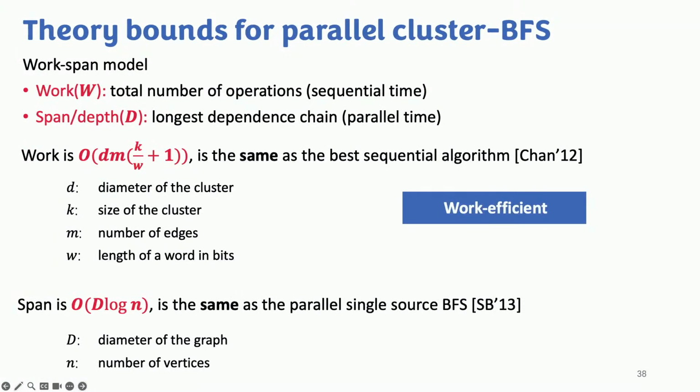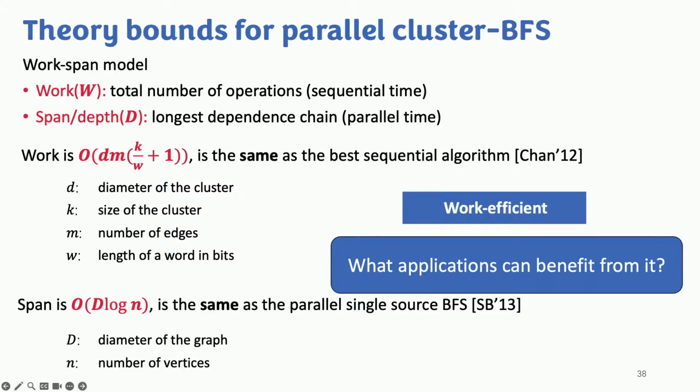In that way, the work will become order of m, and both the work and span are exactly the same as the single source parallel BFS. The takeaway is that we can get the results of order of log n BFS from order of log n more sources, but with almost the same cost.